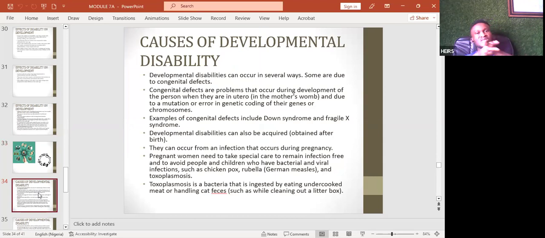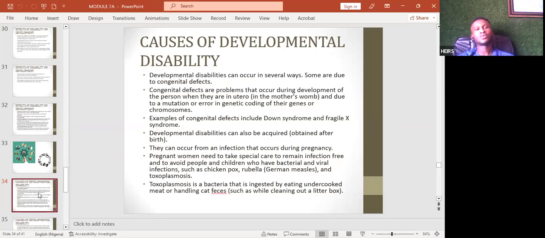So we want to discuss the causes of developmental disabilities now. What causes developmental disability? What is the genesis of developmental disability? As we know, developmental disability can occur in several ways.